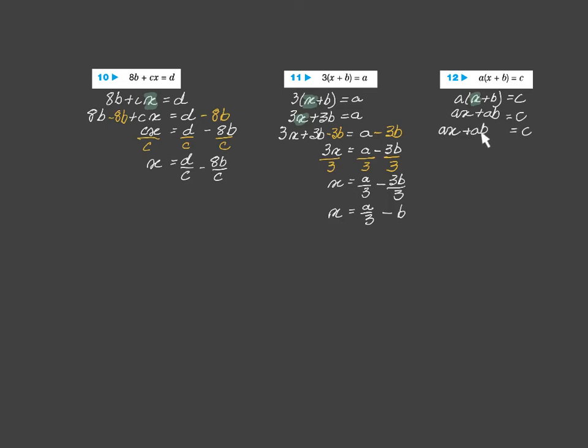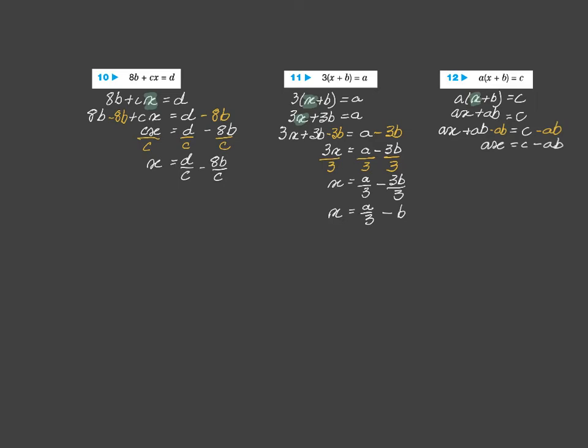Subtract ab on both sides so that you can get the x term by itself. On the left side, subtract ab, and you subtract ab on the right side to balance it. On the left side, ax plus ab minus ab gives you 0, so the answer there is ax is equal to c minus ab.